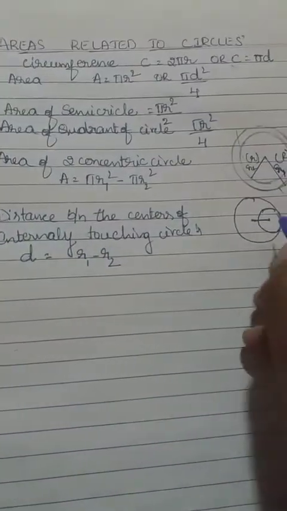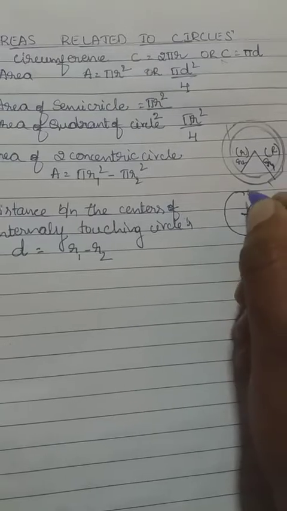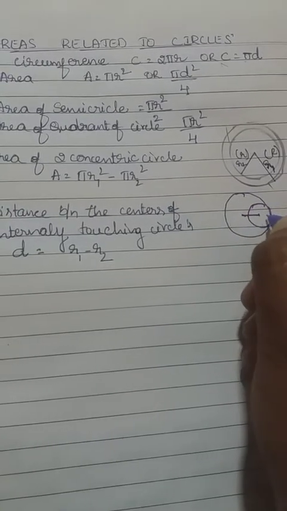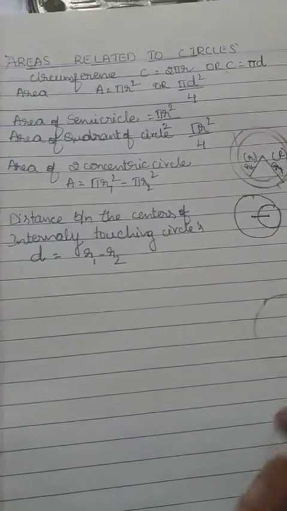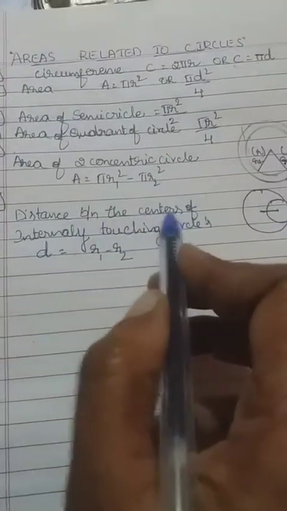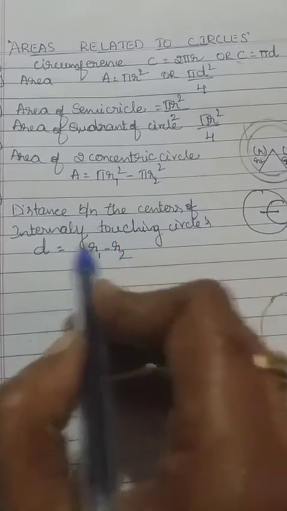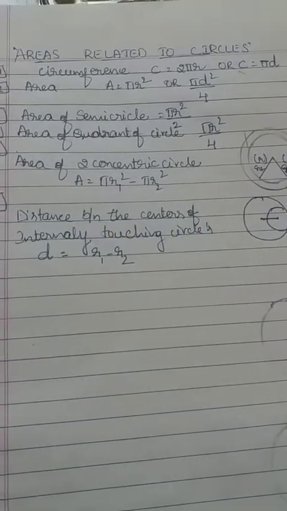Okay, keep in mind. Let us take the big radius of the circle as r1 and the small radius of the circle as r2. Distance between the centers of internally touching circles: d equal to r1 minus r2.